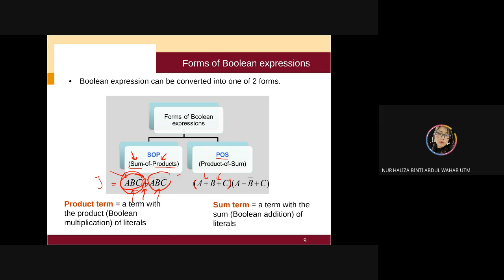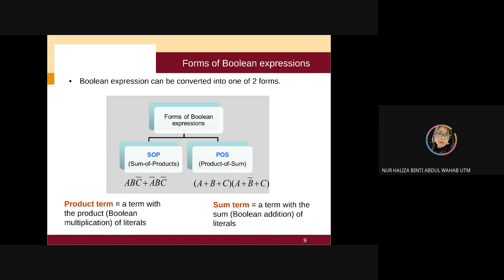And then for your product of sum, from here you can see you have a product of sum. You have a sum, and you're going to multiply to each other.